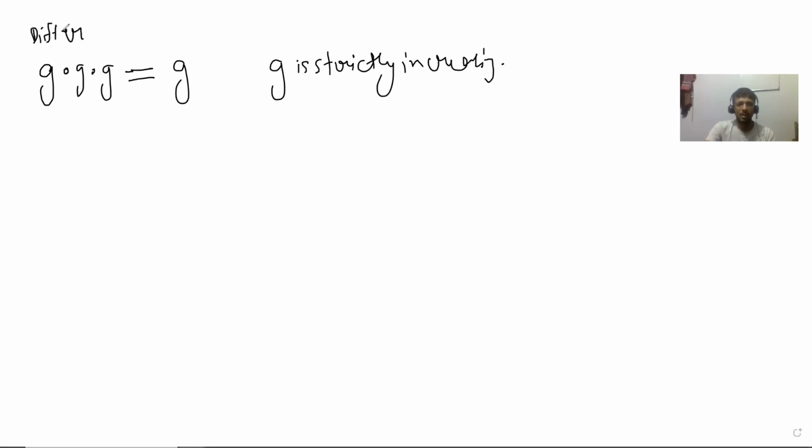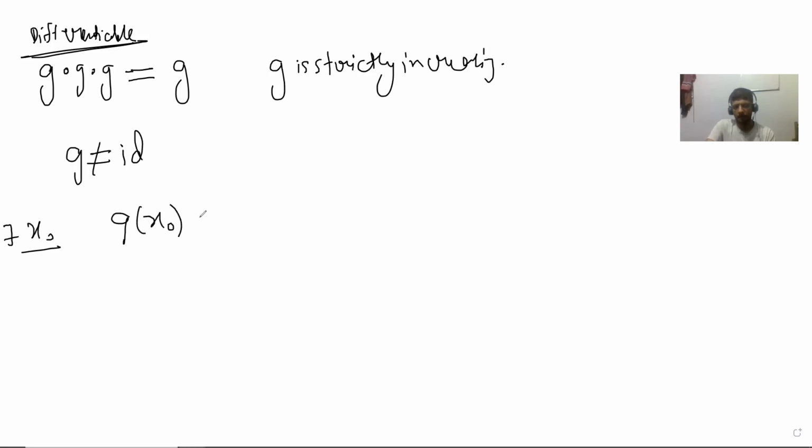Ah, triple. Okay. Enough. It's differentiable.